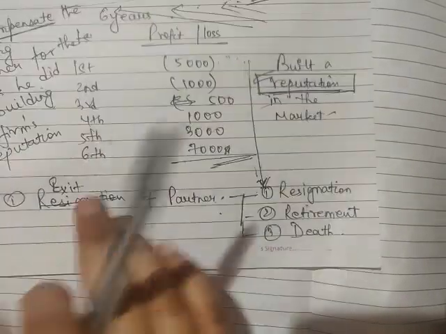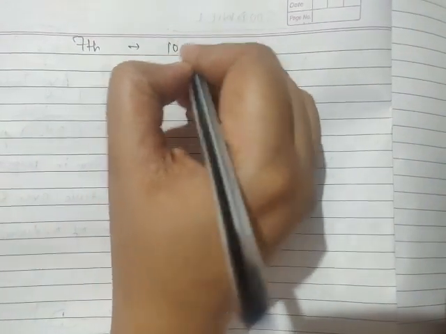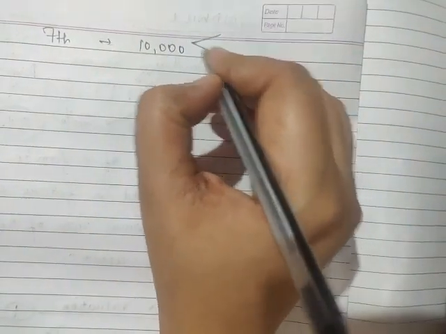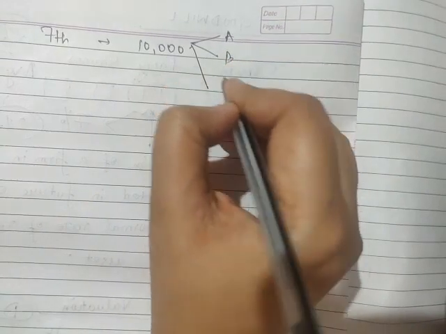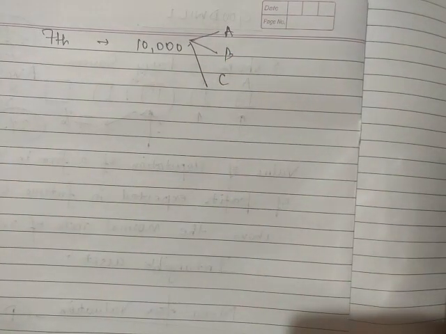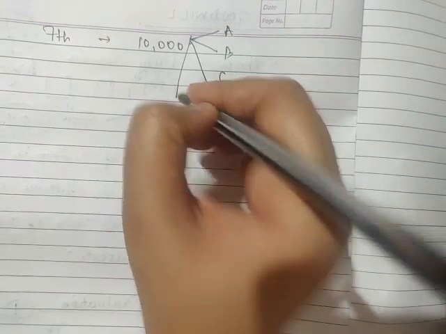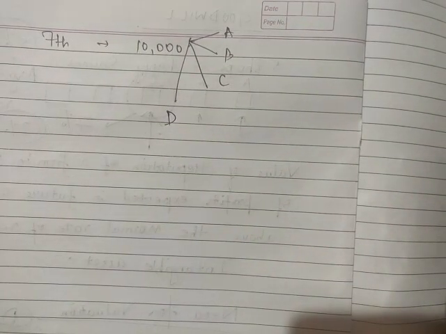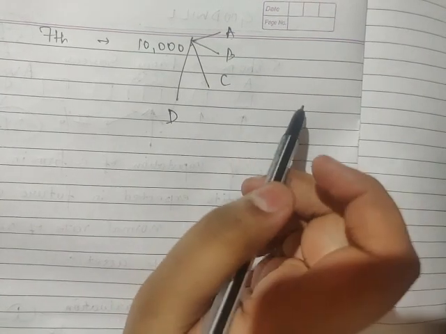Like, suppose in the seventh year, the profit is 10,000 rupees. Had D not been there, the profit would have been divided among A, B, and C. But now, since D has also joined in, the profits will be split four ways.